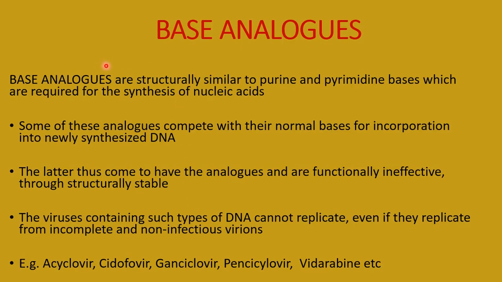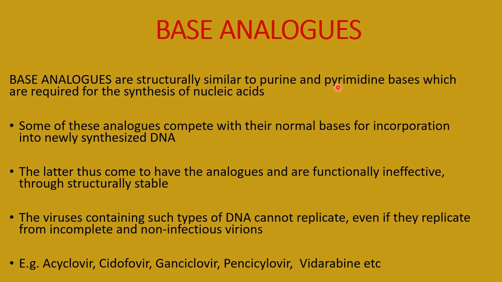So what are base analogues? Base analogues are structurally similar to purine and pyrimidine bases. That means any nucleic acid is going to have nucleotides, which contain purines and pyrimidines.